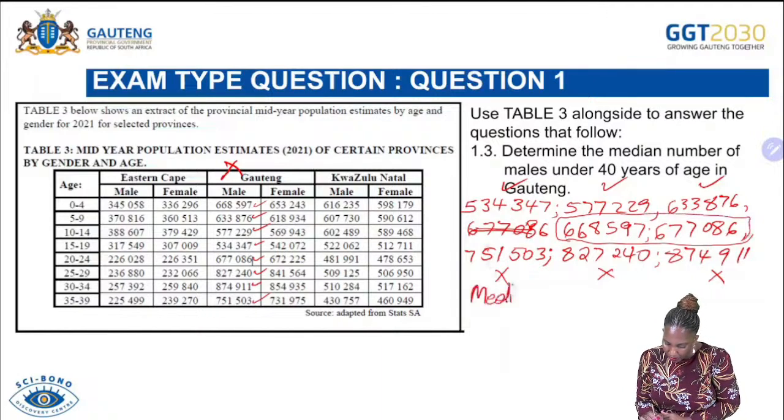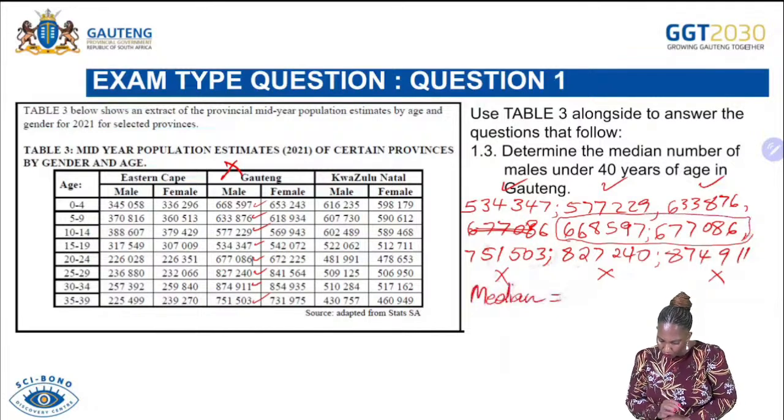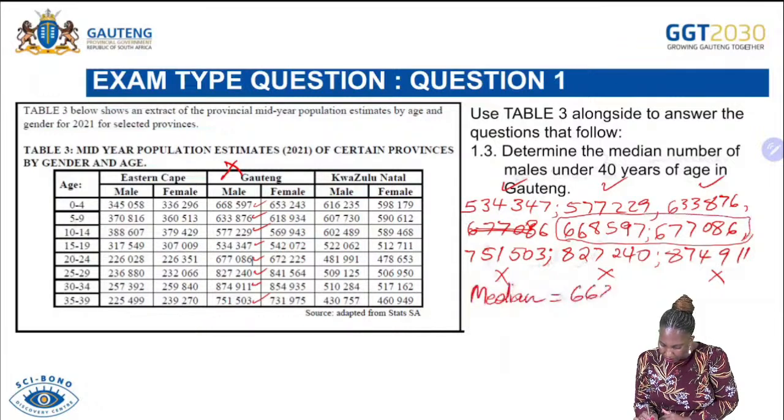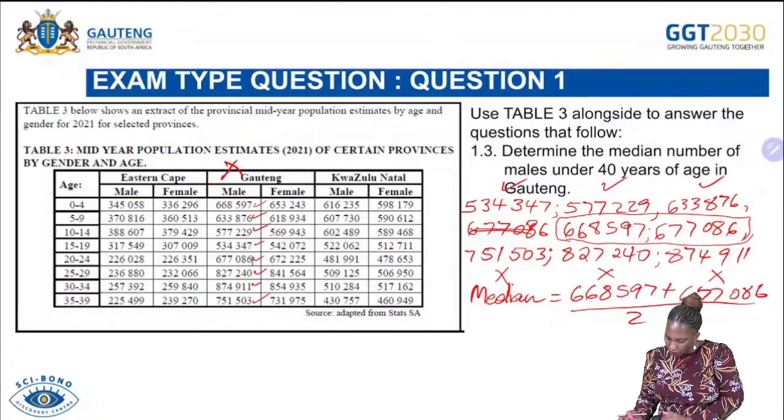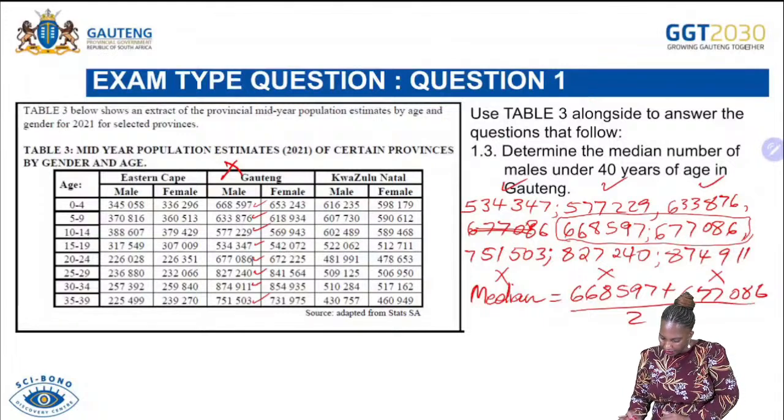So our median, determine the median number of males under 40 years, because all these males are under 40. Now our median will be 668,597 plus 677,086, and then we divide it by 2.